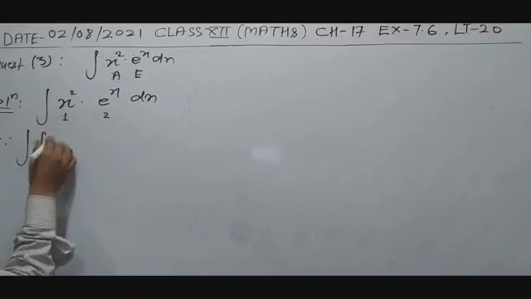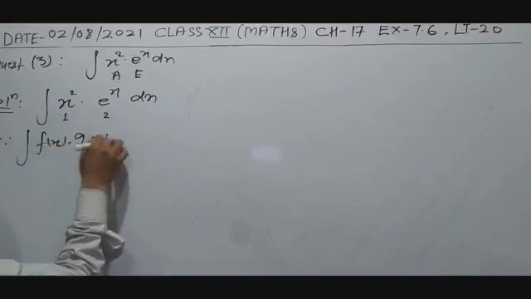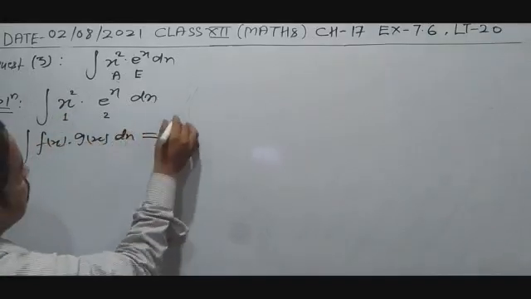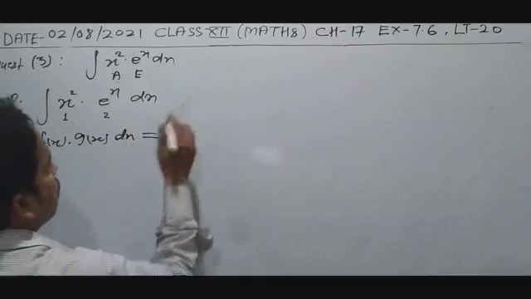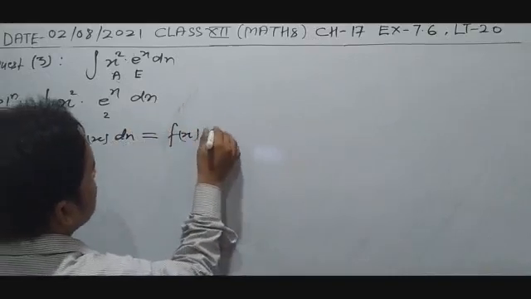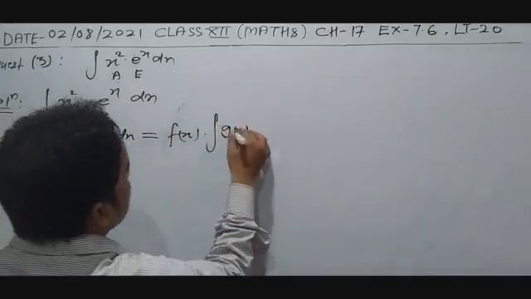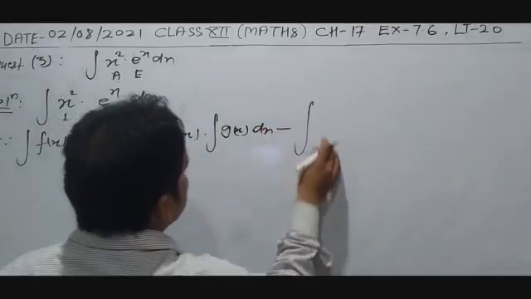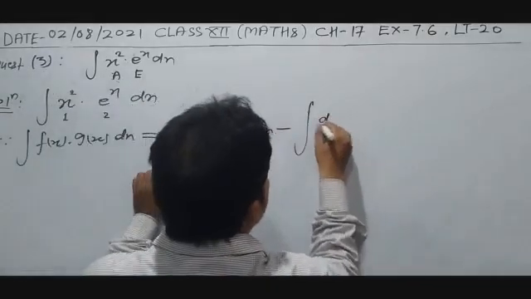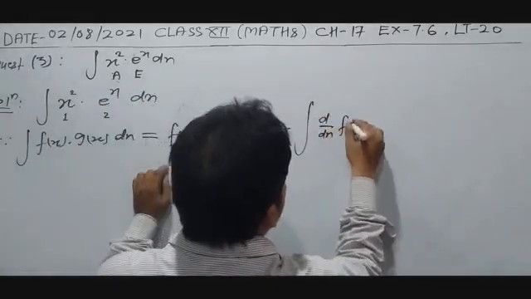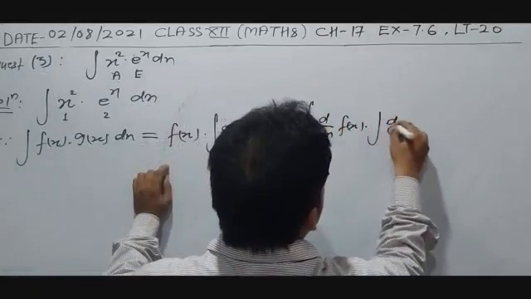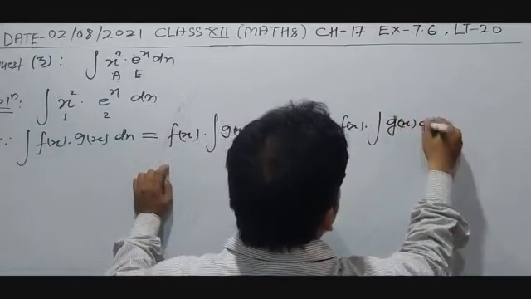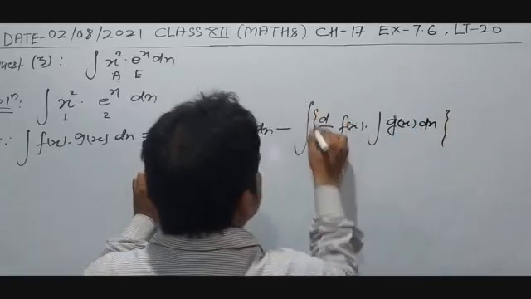You know the integral of f(x) times g(x) dx is f(x) times the integral of g(x) dx, minus the integral of d by dx of f(x) times the integral of g(x) dx, whole dx.